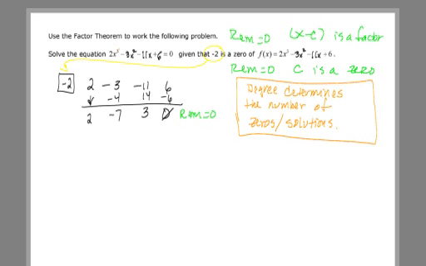Since the degree here is 3, I'm looking for 3 solutions. Well, now we're looking for basically the two needles that are in the haystack, because I know one of the answers, but I have to find the other two, since there's going to be a total of 3 solutions. So this problem is going to have 3 solutions.